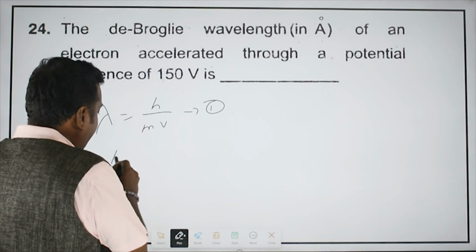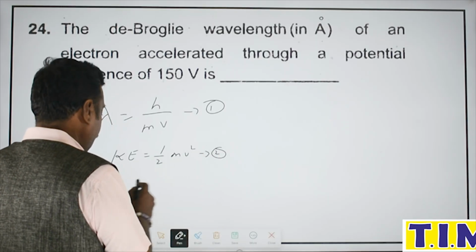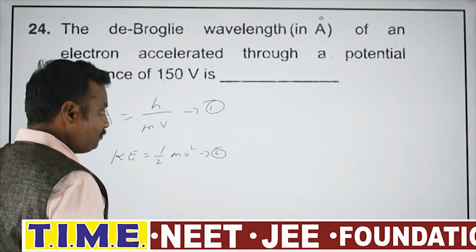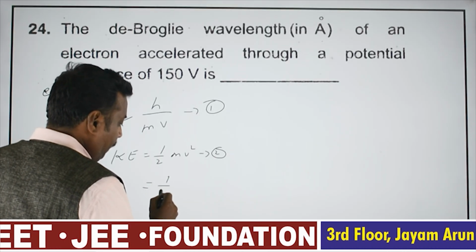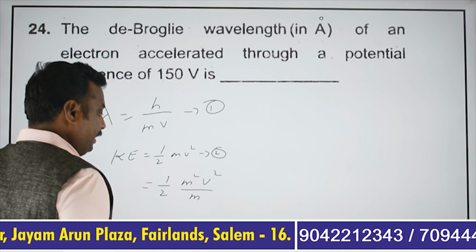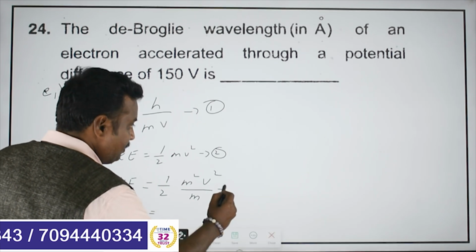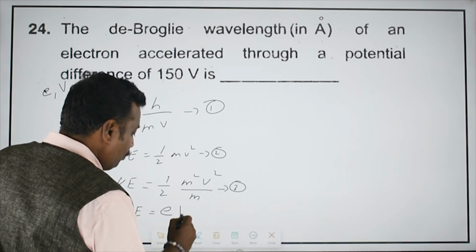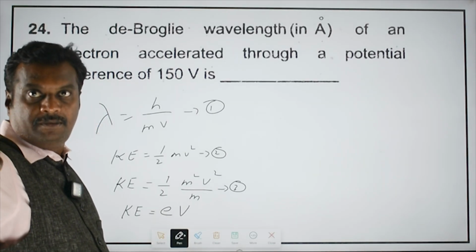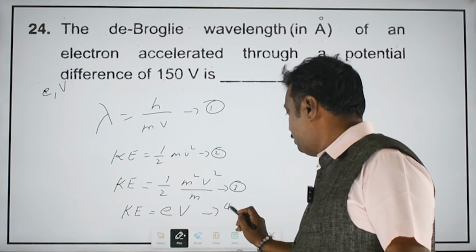So kinetic energy KE is equal to half mv square. This is my equation 2. Let us multiply this equation by m and divide by m. So half m square v square by m is your kinetic energy, right? This is my equation 3. KE is also equal to e into V, charge of the electron into voltage. Let me take this as equation 4.